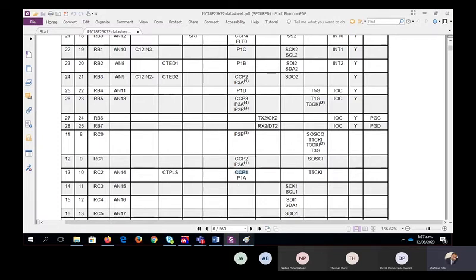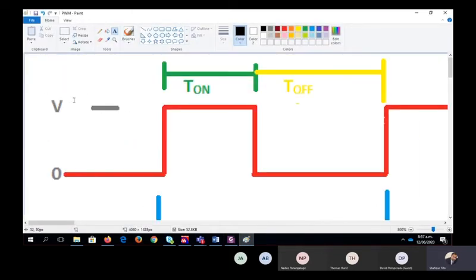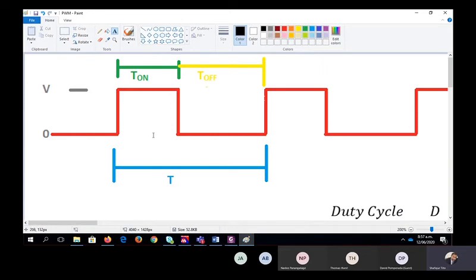If you take a look at any pulse, in order to generate a pulse I need two important parameters. From the microcontroller, I cannot get more than 5 volts, right? So I am assuming it will be 5. If you consider that this magnitude is fixed, then we need another two parameters to tell my microcontroller. I need to tell what would be the period of this signal, that means the frequency or the period.